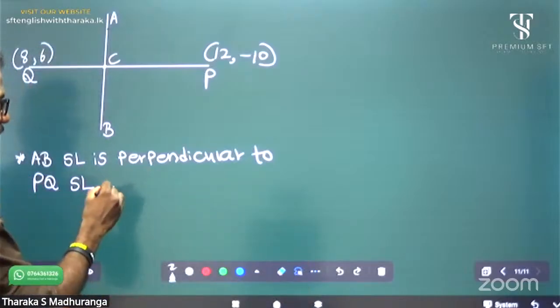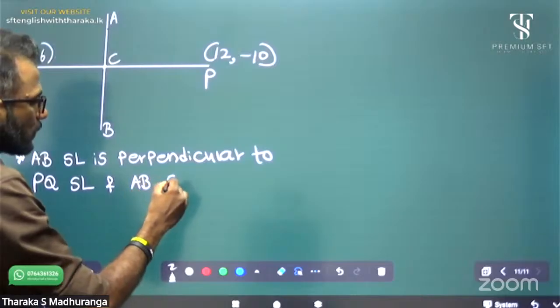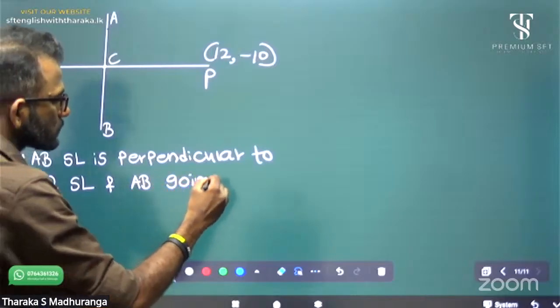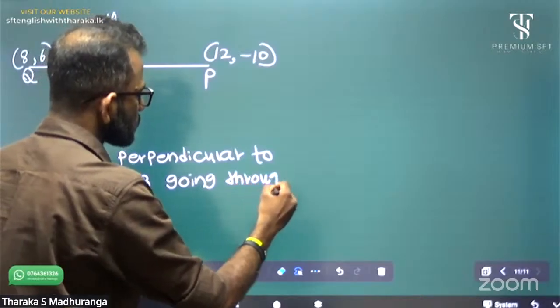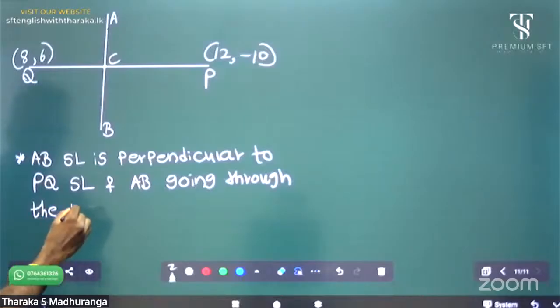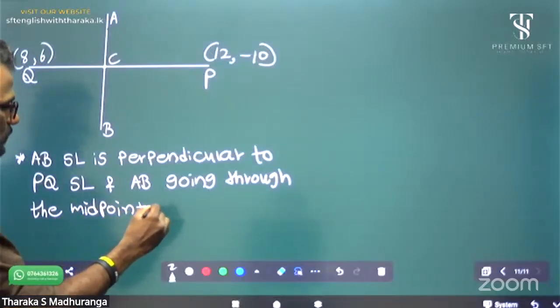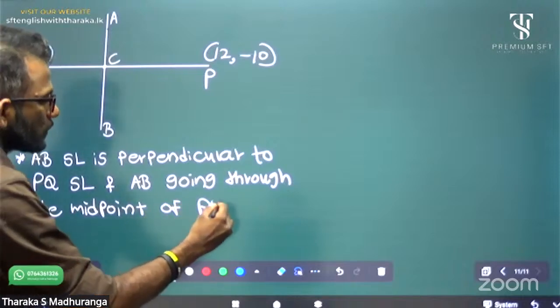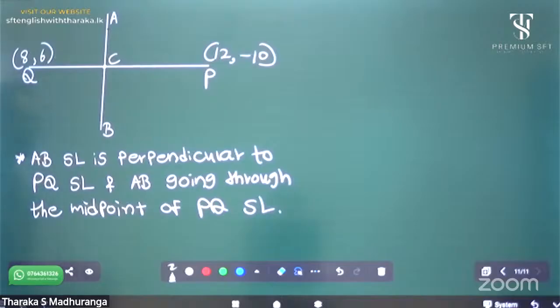And AB goes through the midpoint of the PQ straight line. Then this is a midpoint.